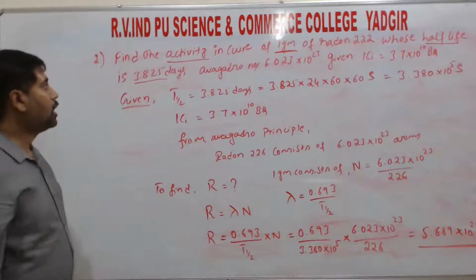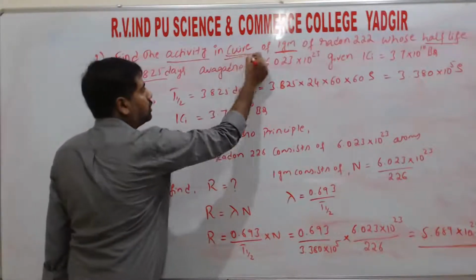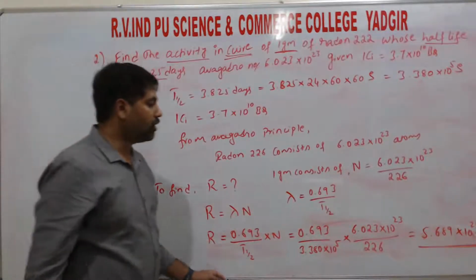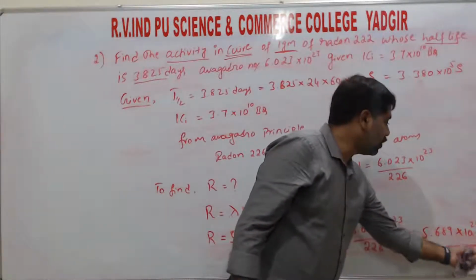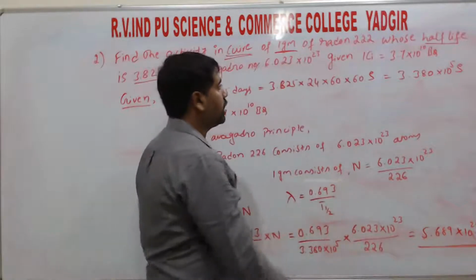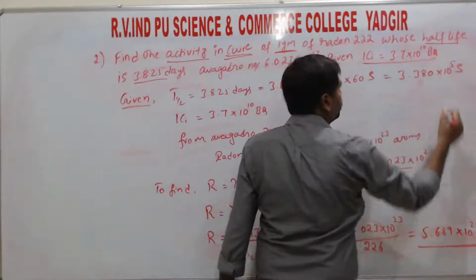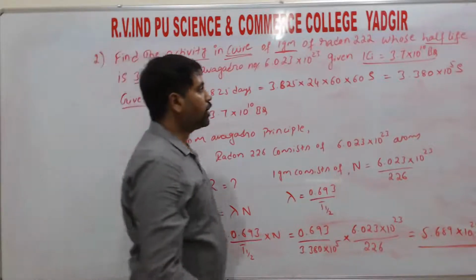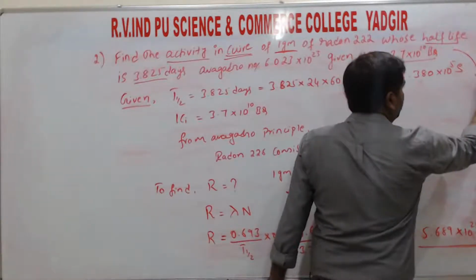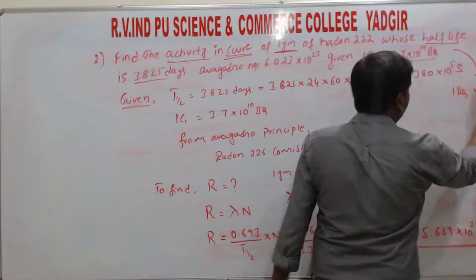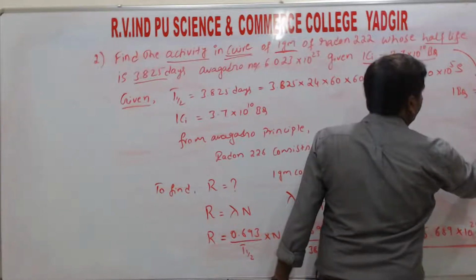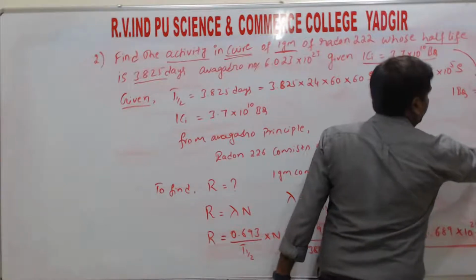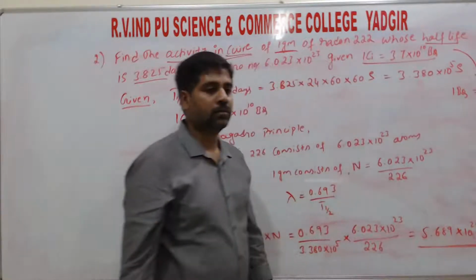But here they ask for the activity in terms of curie, so we need to convert this value from becquerel to curie, right? So here we have 1 curie is equal to 3.7 into 10 to the power of 10 becquerel. From this we can write 1 becquerel is equal to 1 divided by 3.7 into 10 to the power of 10 curie, right?